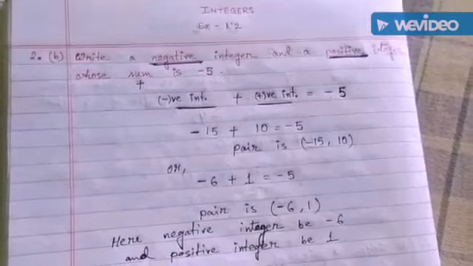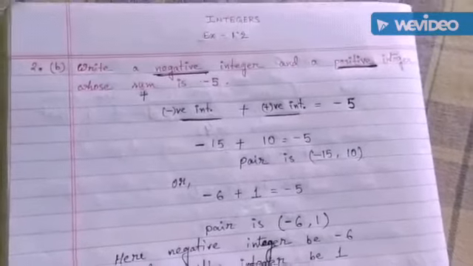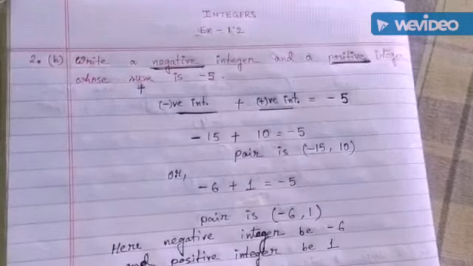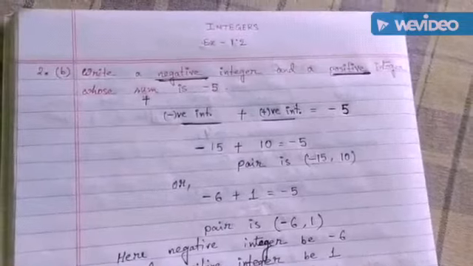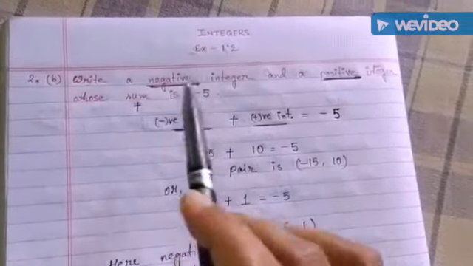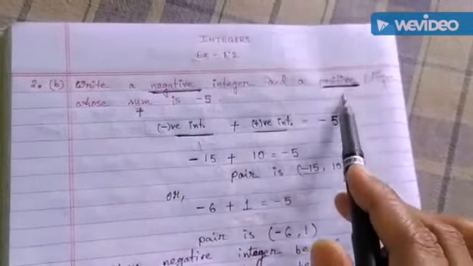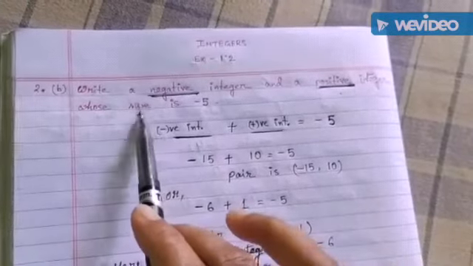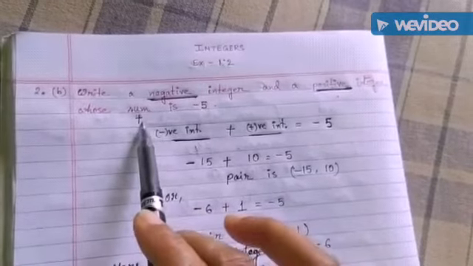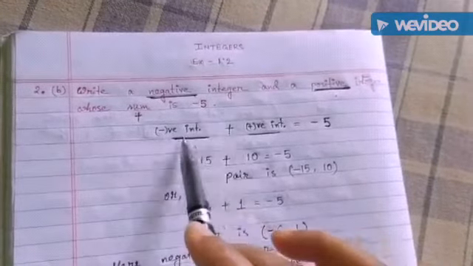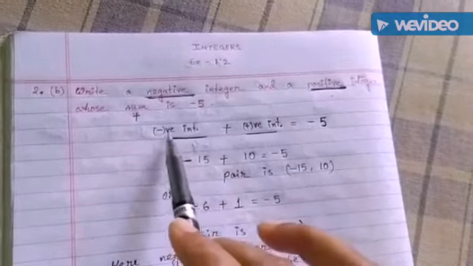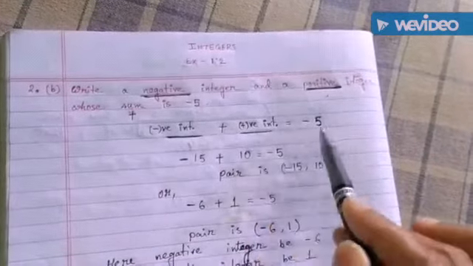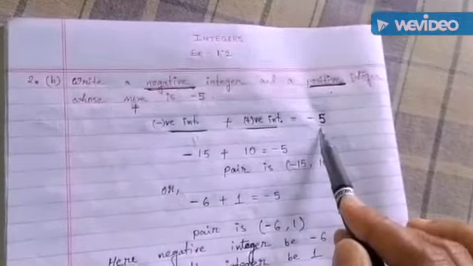Now number B of 2. Write a negative integer and a positive integer whose sum is minus 5. Here also the integer signs are restricted. First one is a negative integer, second one is a positive integer. Then we have to get minus 5, so the sum will be minus 5. Sum means addition. Here I have written this blank: negative integer plus positive integer equals minus 5.